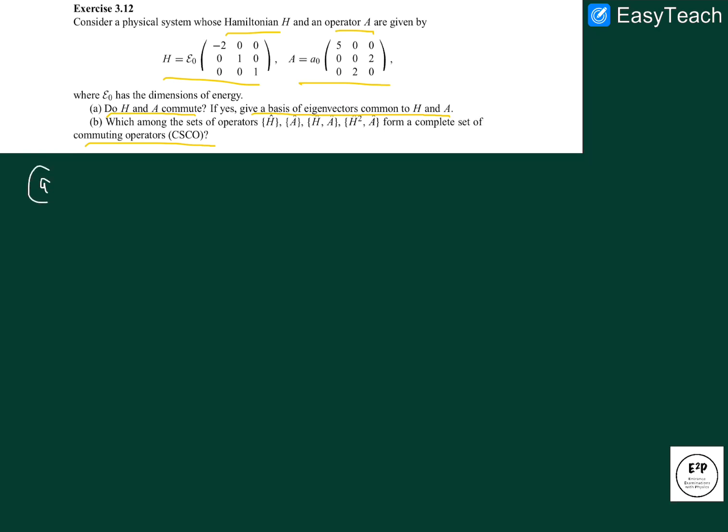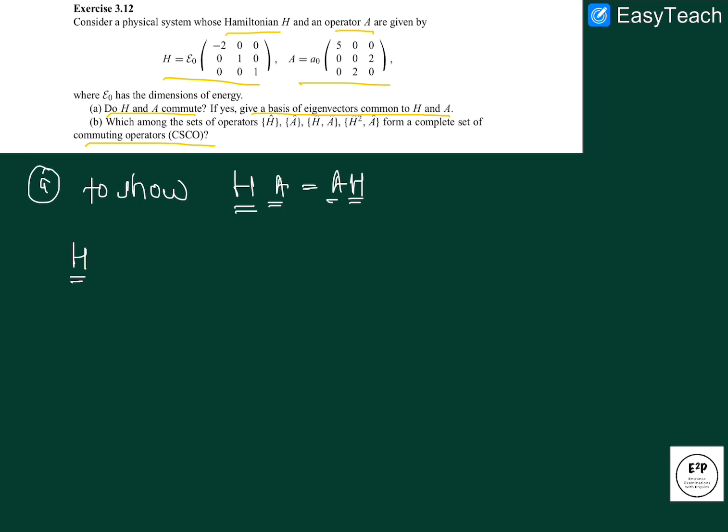So in the first question we have to show that HA equals AH.